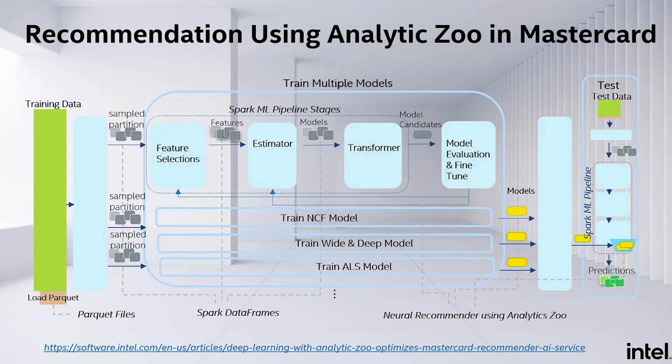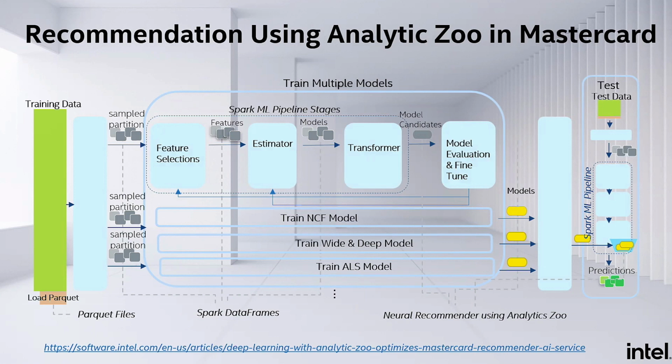They are using both Midea and Analytic Xeon to support the TensorFlow models and so on. So that's another example of how people are using Analytic Xeon to build recommendations.